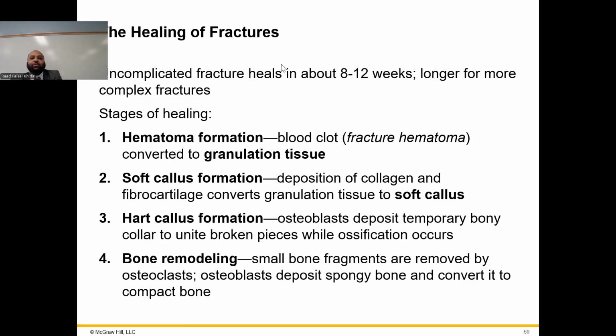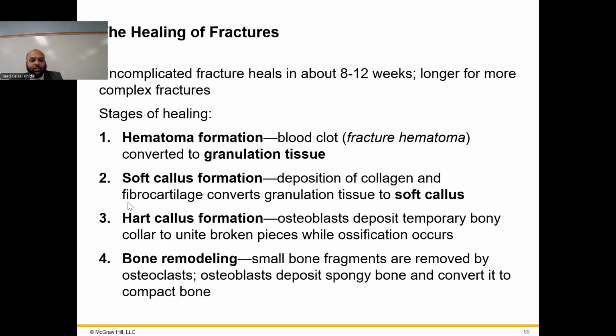So, did you guys do the healing of a bone fracture? You see, the first step is the hematoma formation. There is a blood clot. The fracture hematoma is converted to granulation tissue. Then there's a soft callus formation, where there is deposition of collagen and the fibrocartilage converts the granulation tissue to soft callus.